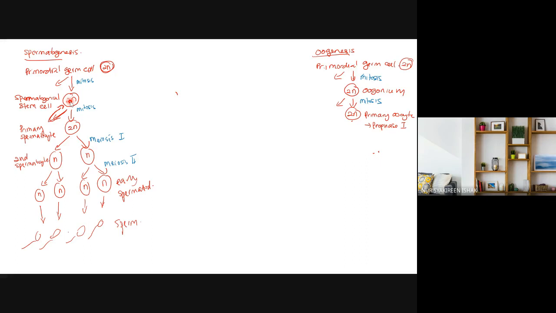Okay, tapi kalau untuk female, we have a fixed number of follicles within our ovary. Roughly kan, for each female ovary we have about 500 follicles. So bayangkan setiap bulan lepas puberty, satu follicle akan release setiap bulan.